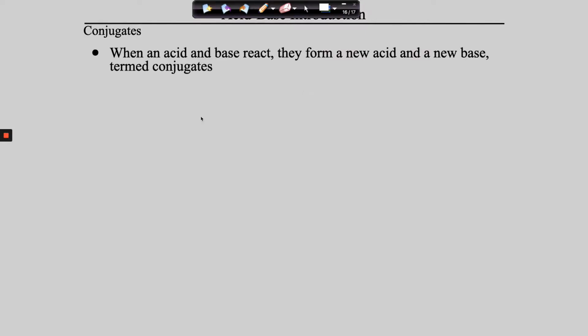Do you remember that? Guys, now, especially in chapter 17, we are going to talk more about the chemistry of conjugates than we are about the chemistry of the original acids and bases. Conjugate chemistry is going to become critical. We're going to talk a lot. So guys, right now, all that you need to be able to connect with is what conjugates are.